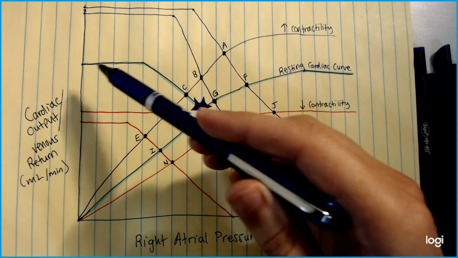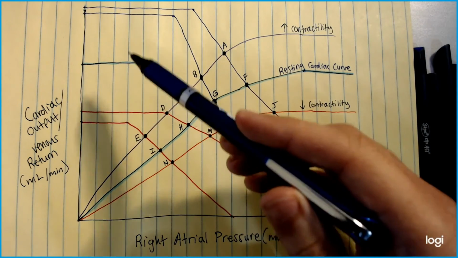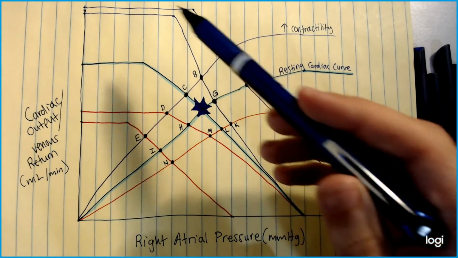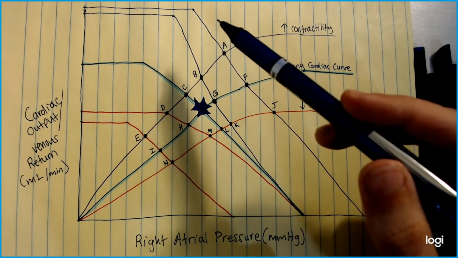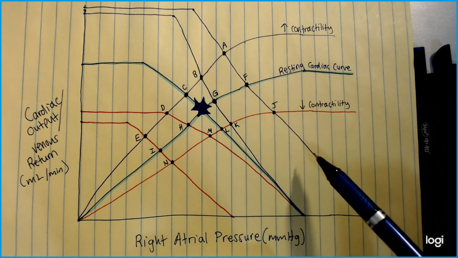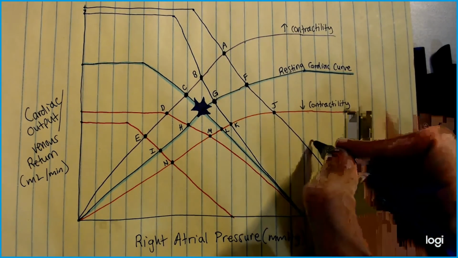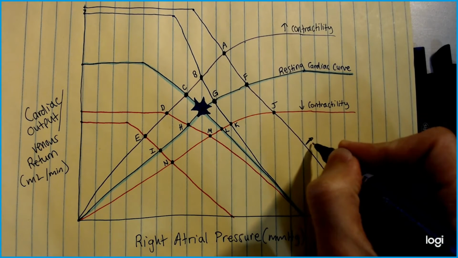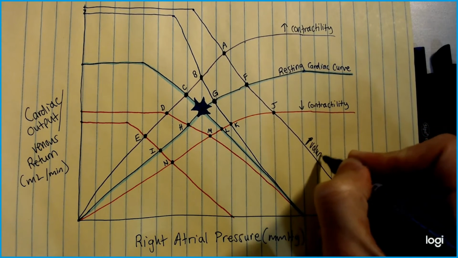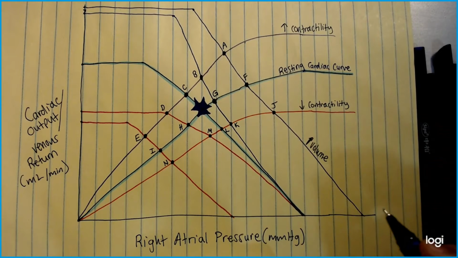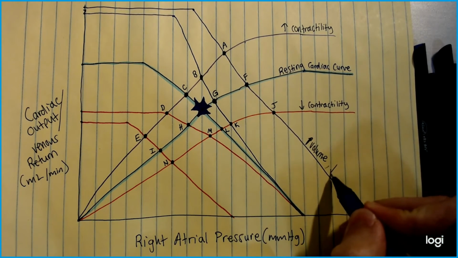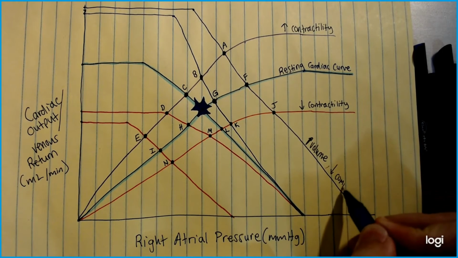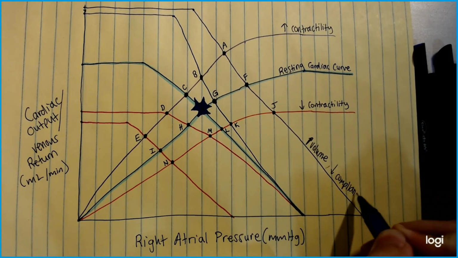So it has to be increase in volume. If this is the baseline, so it's going to be an increase in volume. So it has to be one of these lines. So it's going to be the highest line. That one is going to be an increase in volume, like blood volume. It's also a decrease in compliance, right?